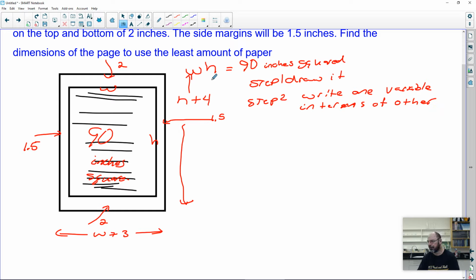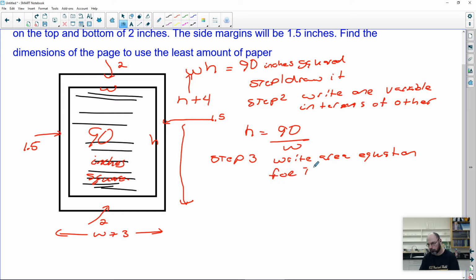So this would be, let's write, the way I did it here is I wrote H in terms of W. So H is equal to 90 divided by W. Okay, and then step three, write the area equation for the page.